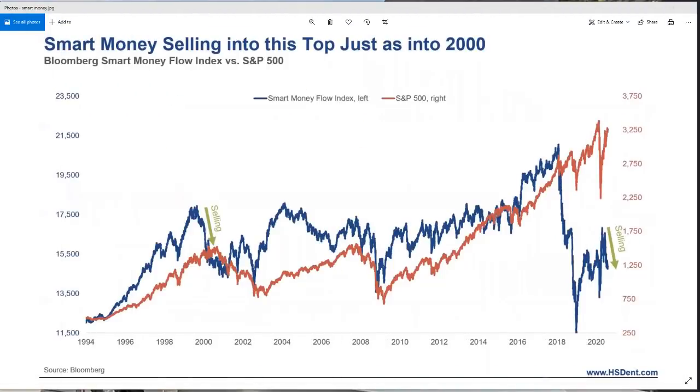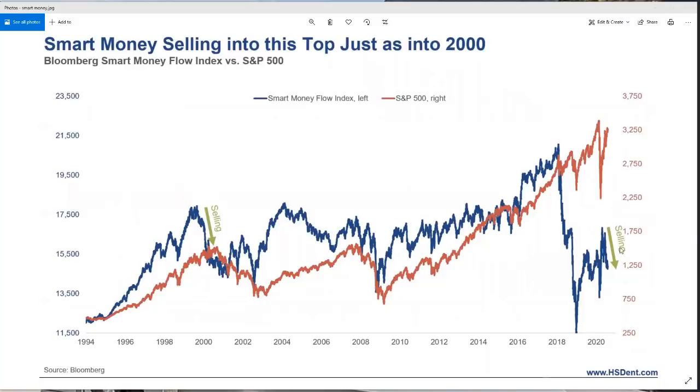The next thing I want to share with you is really interesting. I recently saw this on Bloomberg, and Harry Dent was showing this as well, and I thought, I want to share this with you guys. You can see the blue line is the smart money, and the red line is the S&P 500.